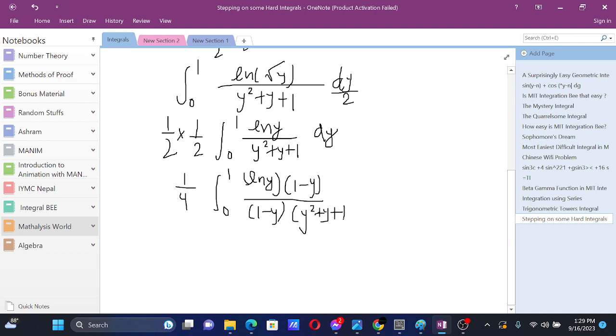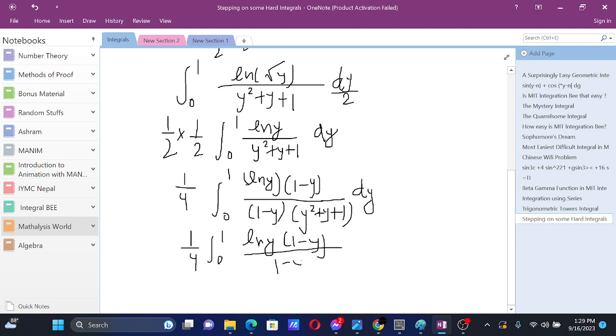And we know this is the formula of a cube minus b cube. So this will be 1 by 4 times the integral from 0 to 1 of ln y times 1 minus y over 1 minus y cube dy.